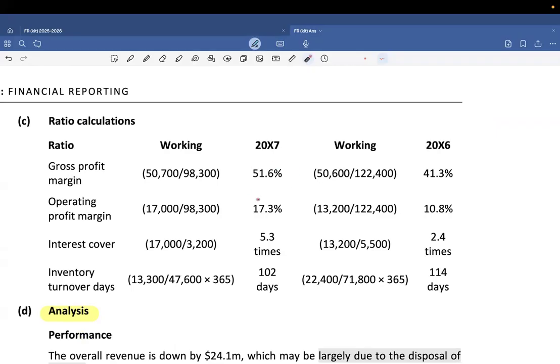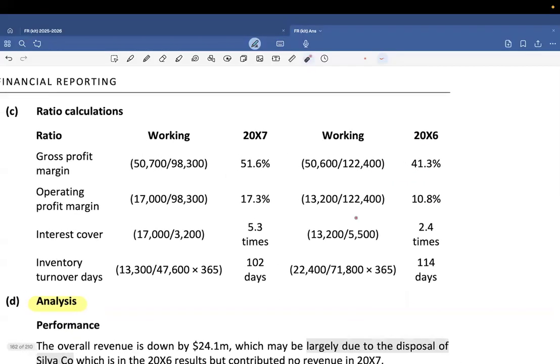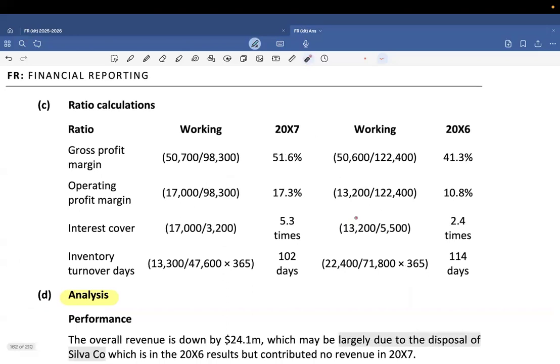Second one, 17.24. Can you see the answer? Oh, I didn't multiply by 100. You have to multiply by 100 in order to make it a percentage. So 52%. I rounded it, it's fine, but always take two decimal places if you can.